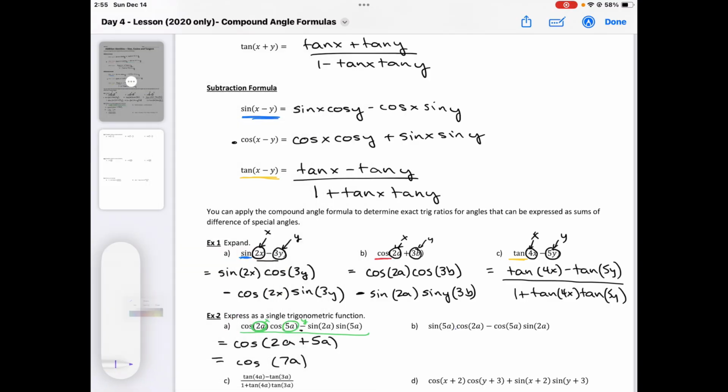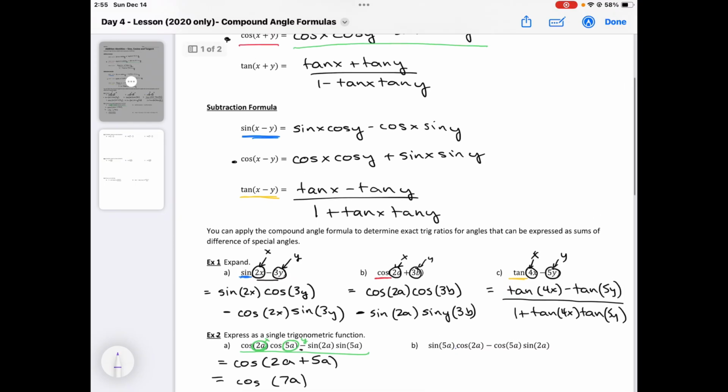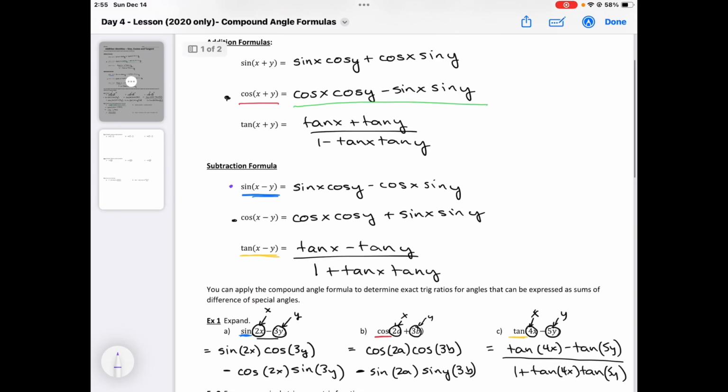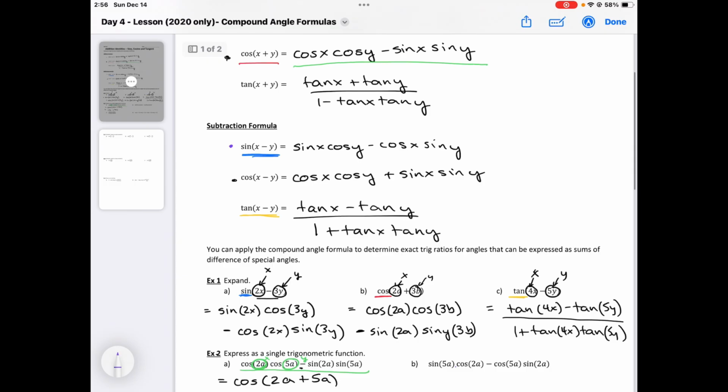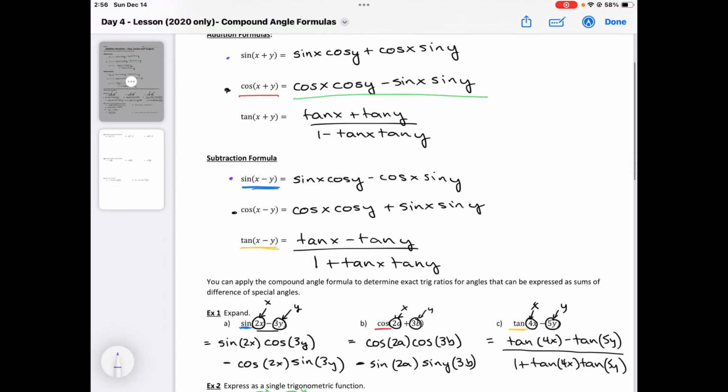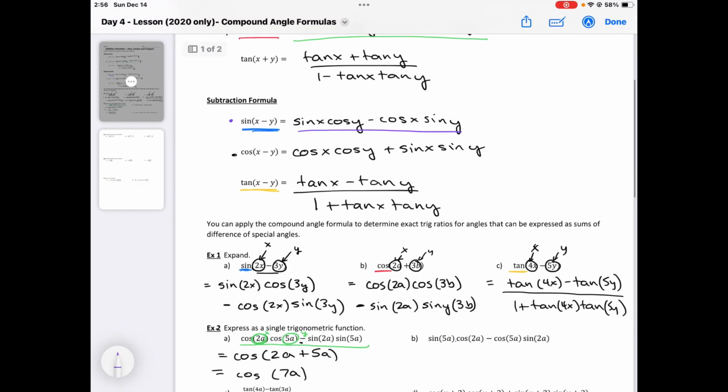Use purple for this. So here I've got sine cos, cosine. So I know it's not one of the tan ratios. It looks like it's either my sine x minus y or my sine x plus y. Since it has a subtraction sign in the middle, I know that this is my sine x minus y formula, this one right here.